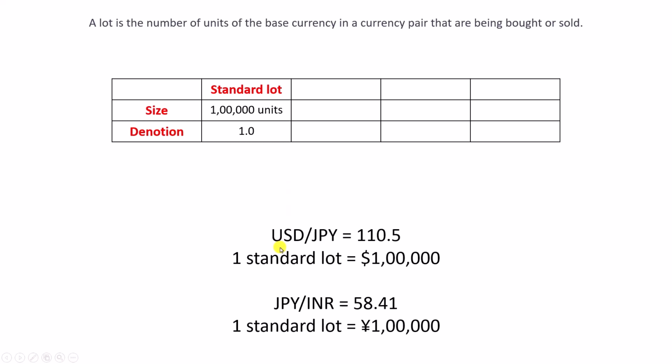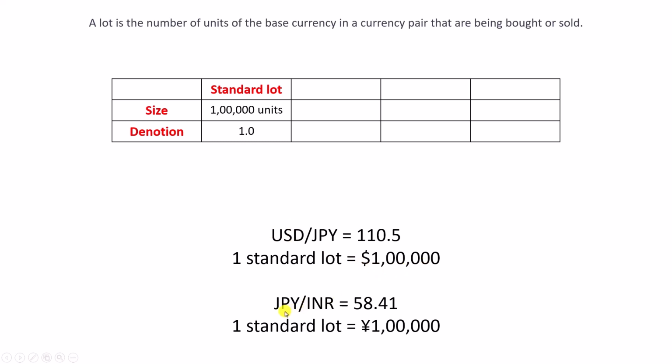Now, let me go into detail. If you are trading the USD JPY pair, and if you buy one standard lot, then you are buying 1 lakh units of the base currency, which is nothing but 1 lakh dollars.